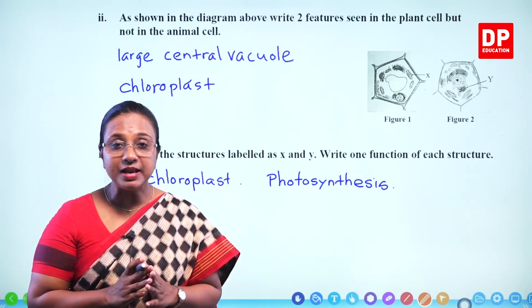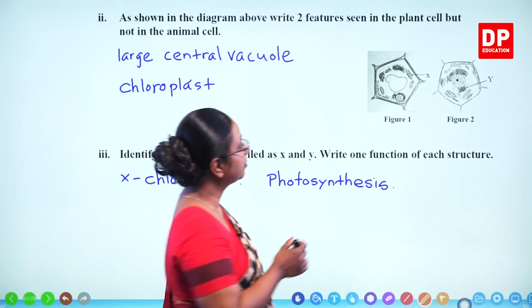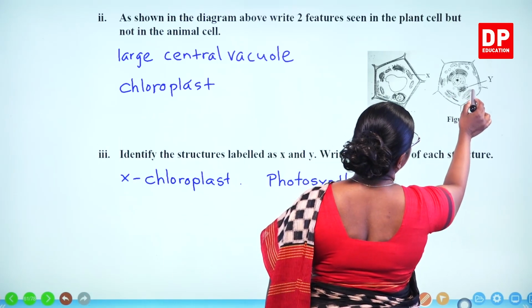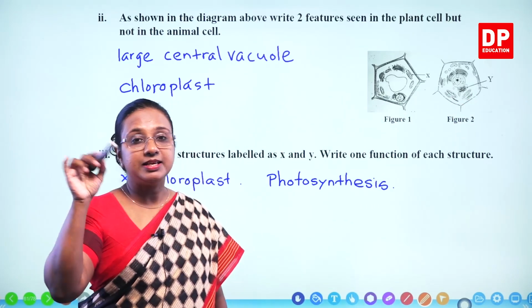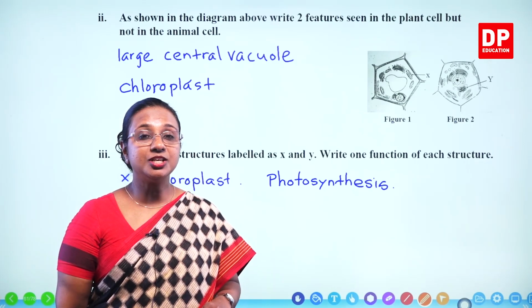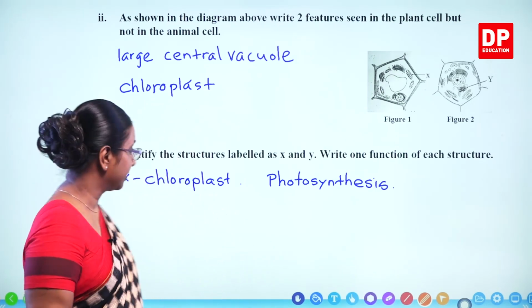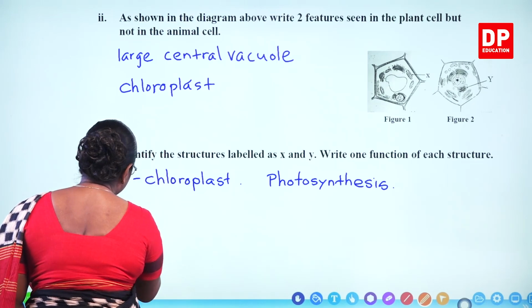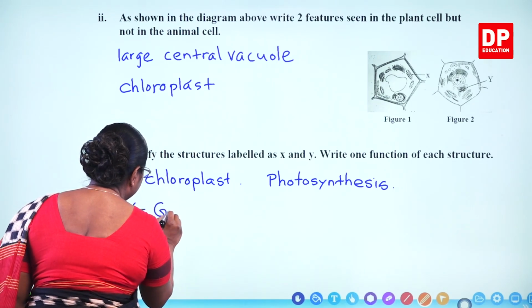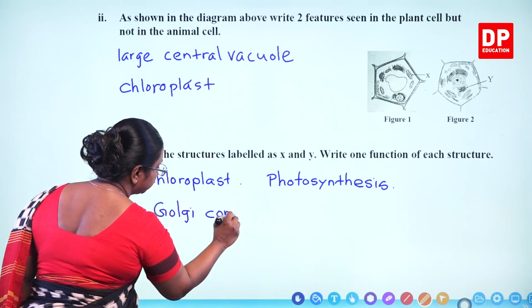So these are membrane bound sacs arranged together, and also here you can see few vesicles around it. So what is that structure? It is a Golgi complex. So here I will write structure Y as Golgi complex.